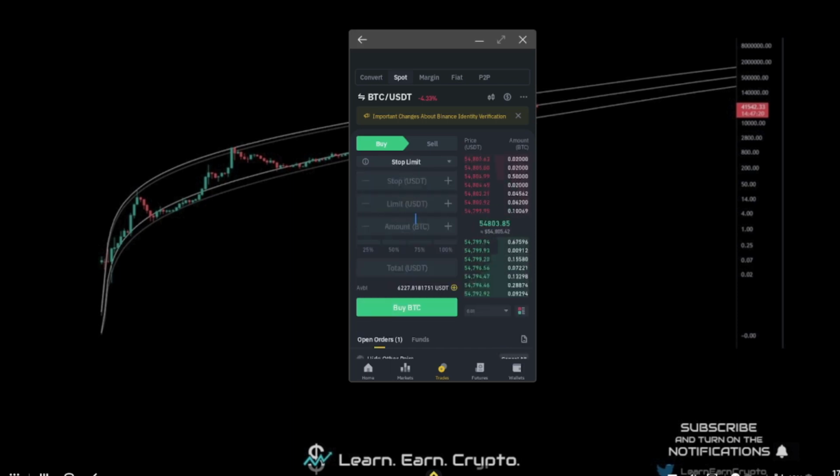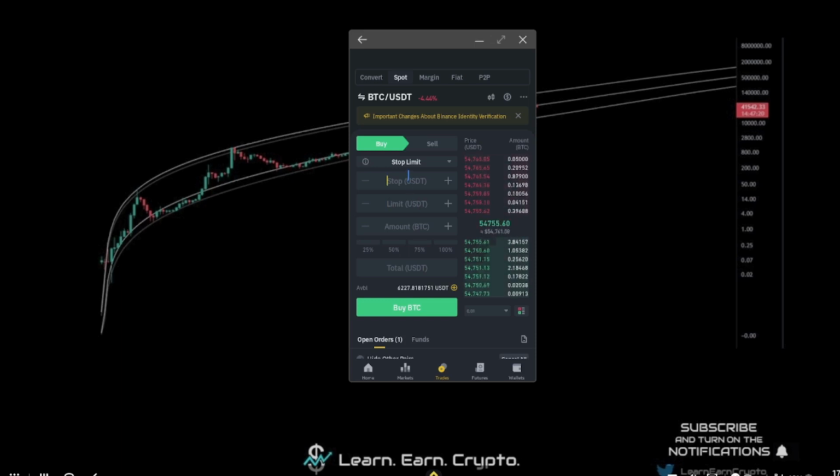Stop limit is an order that has both stop and limit price. When the stop price is reached, it triggers the limit order. The limit price is the specific price of the limit order the stop price triggers. Once your stop price has been reached, the limit order is immediately placed on the order book.